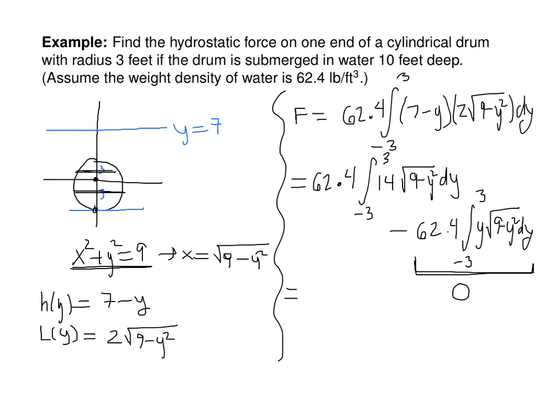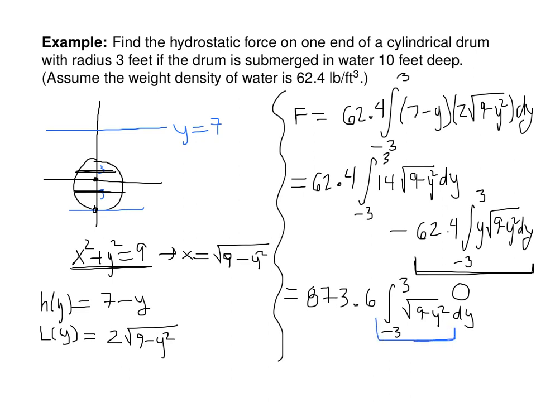So all we have is 62.4 times 14, which gives us 873.6, times the integral from -3 to 3 of root 9 minus y squared dy.